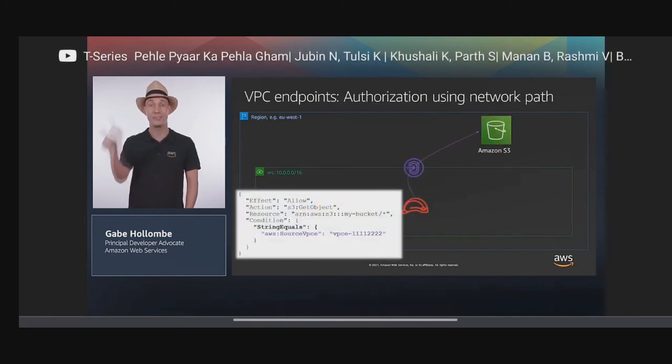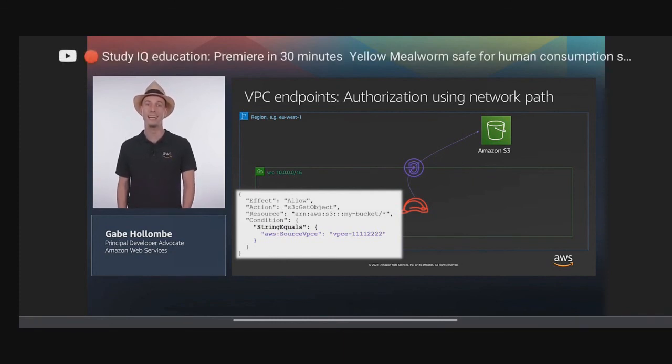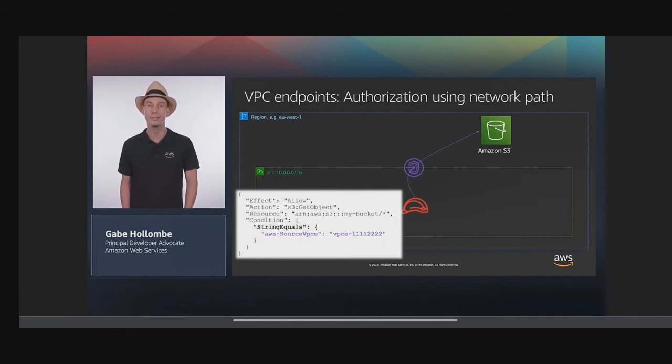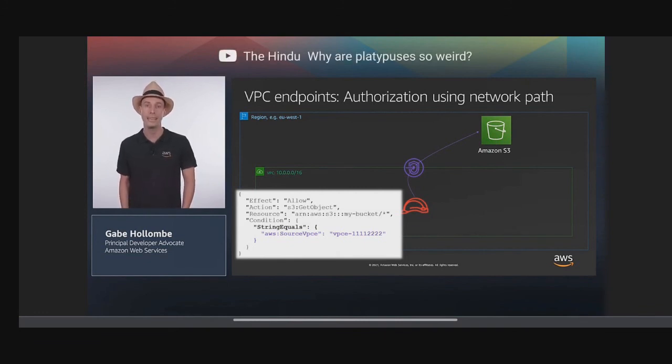Finally, bringing this full circle, one additional benefit of VPC endpoints is that they give you the ability to use your VPC identifier inside your IAM policies. For example, if you use an Amazon S3 VPC endpoint, you can attach a policy to a role stating that it only has permissions to access a particular S3 bucket only if the network path matches the VPC that we want to ensure the traffic is coming from.